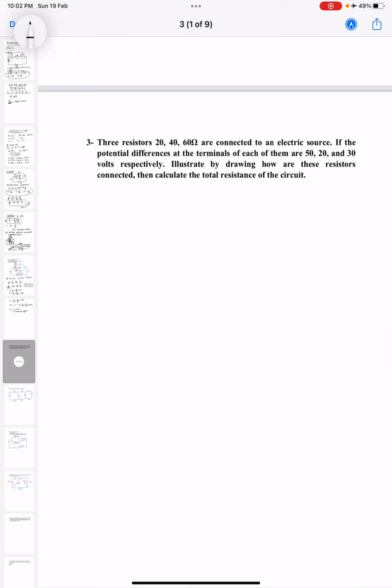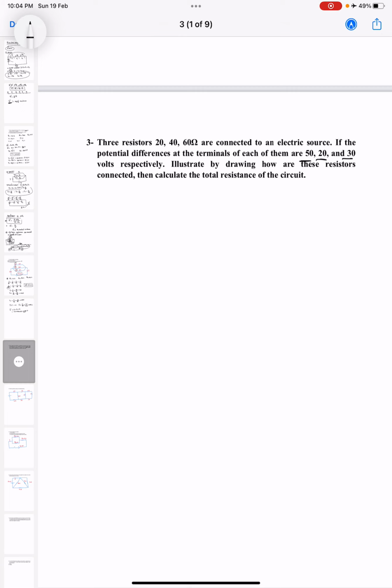Third problem. 3 resistors 20, 40 and 60 are connected to an electric source. If the potential differences at the terminals of each of them are 50, 20, 30. Okay. Illustrate by drawing how these resistors are connected.